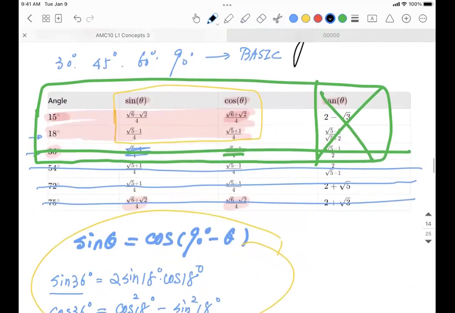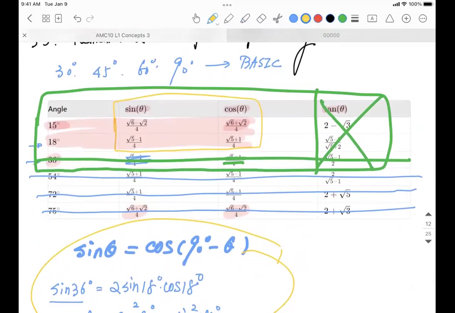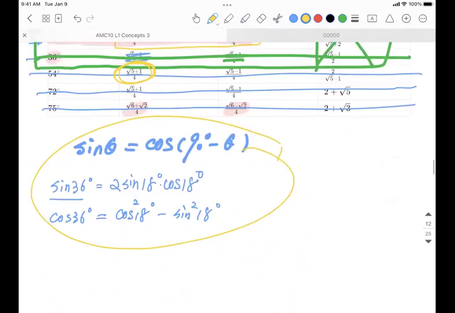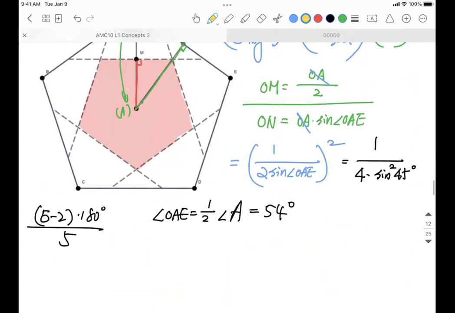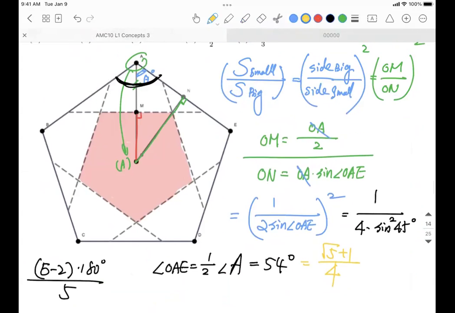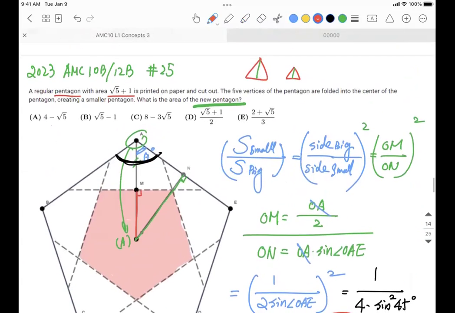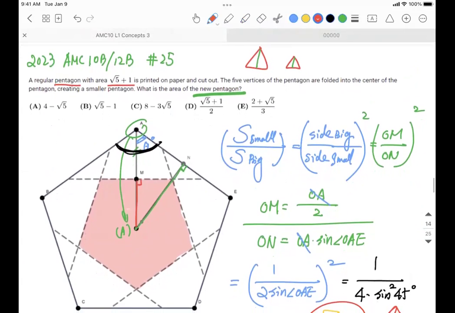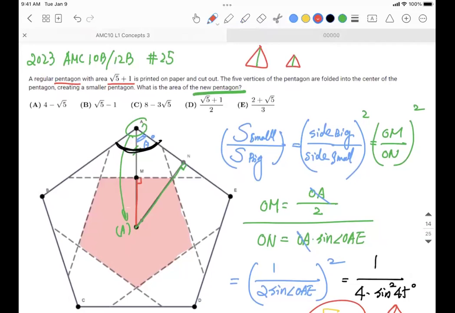Sine 54 degrees is here: (√5 plus 1) divided by 4. So you plug in the value to here. And what is the size of the smaller one? This is a regular pentagon.